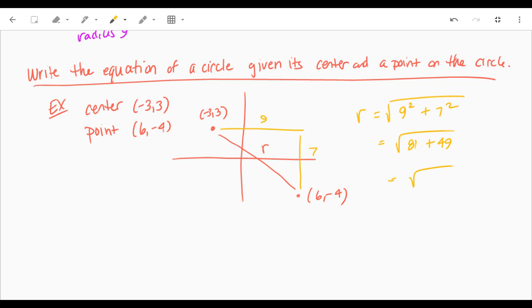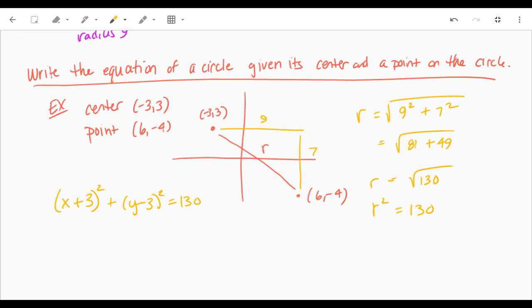So it's the square root of 130, if I did that right. And here's the good news. In our equation, we want r squared. So r squared is just 130. It's as easy as that. x plus 3 squared plus y minus 3 squared will equal 130.